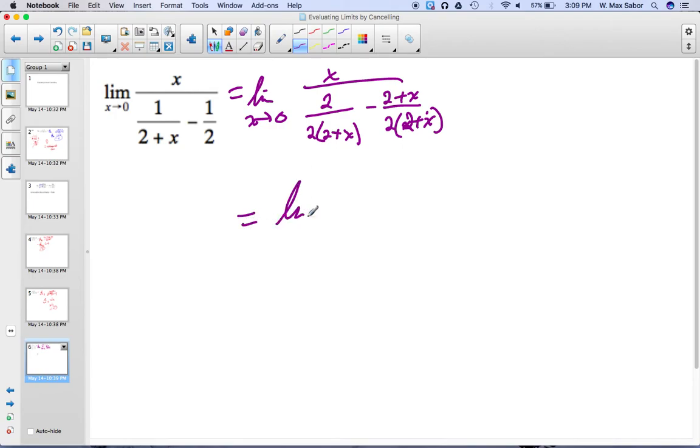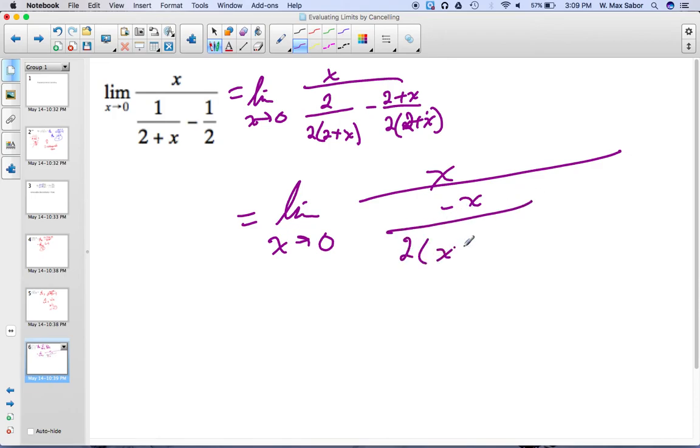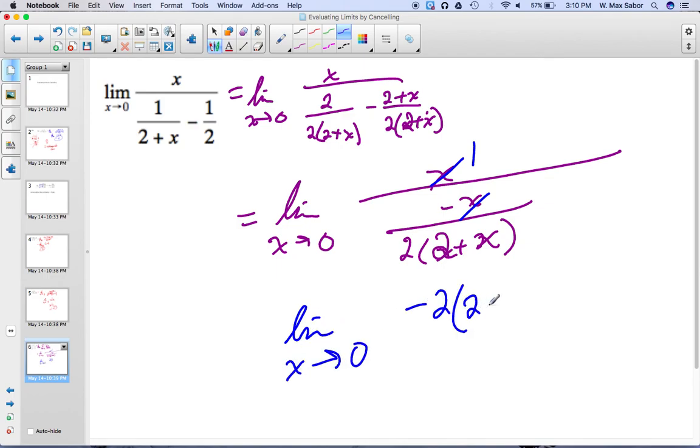This becomes the limit as x approaches 0 of x over, these we can combine, 2 minus 2 is 0, so we're left with negative x over 2 times 2 plus x. Dividing these, the x's cancel, and then we have 1 over this fraction, which is the same thing as negative 2 times 2 plus x.